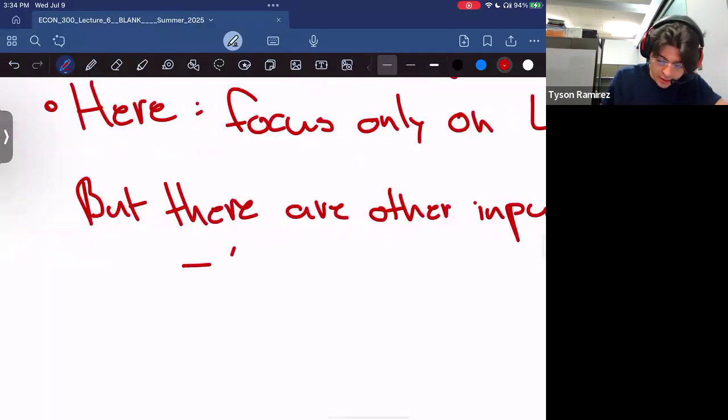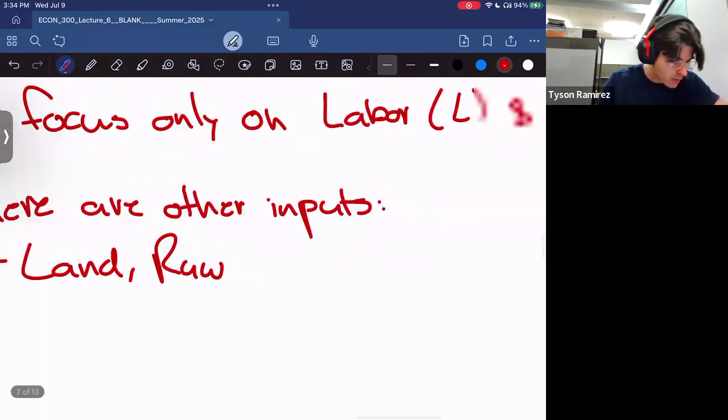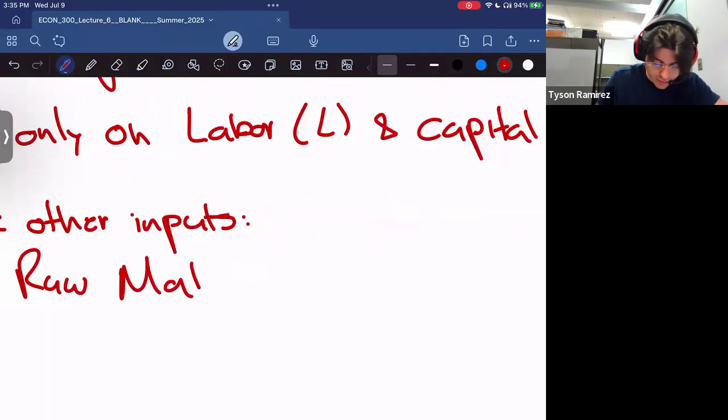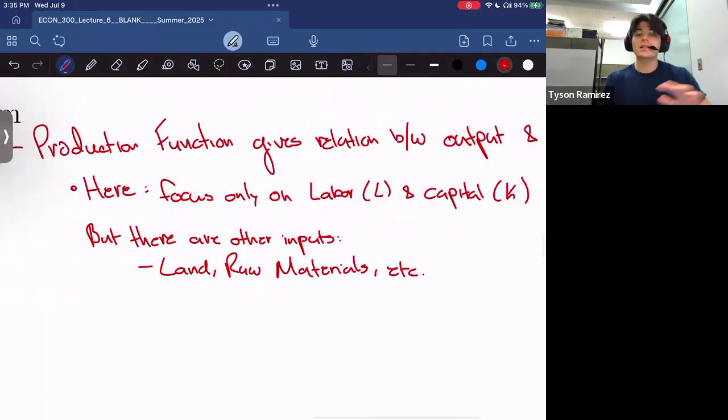Some of those are land, raw materials, etc. But for simplicity, we're just going to focus on labor and capital.